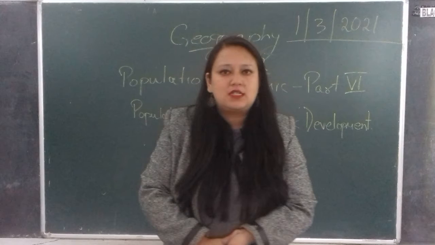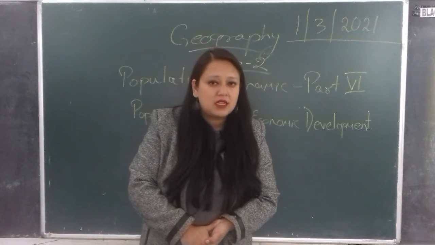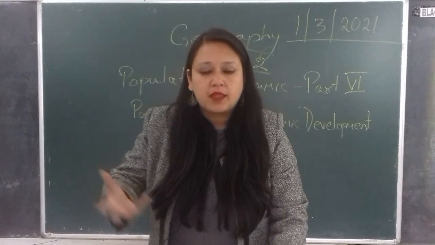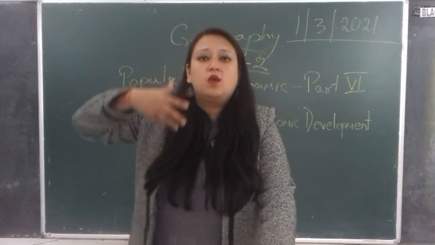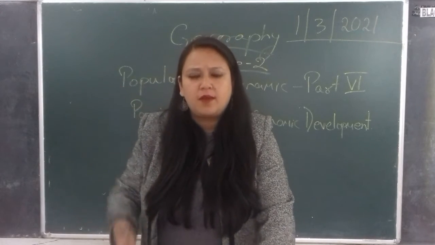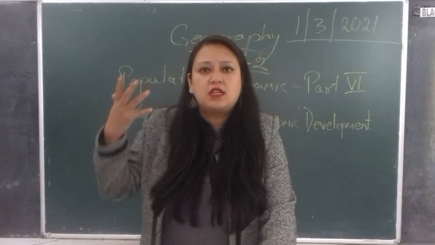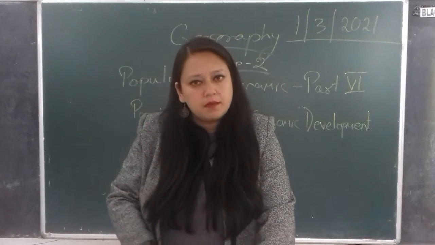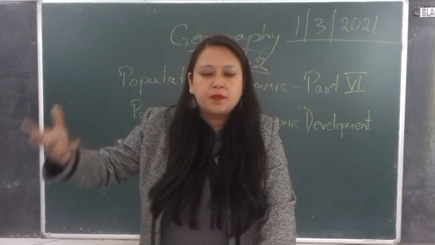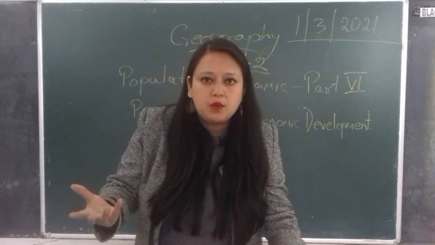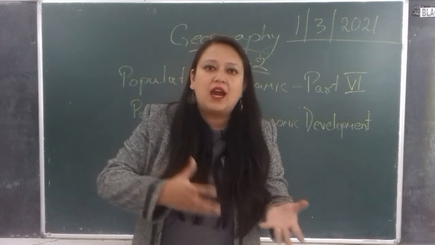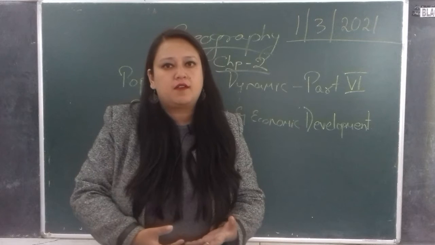You have to understand that in the previous classes we learned that a country which is developed is not only taking place in economic development, but social and cultural development on an all-round basis. These developed countries have less population in comparison to those countries which are developing or underdeveloped.